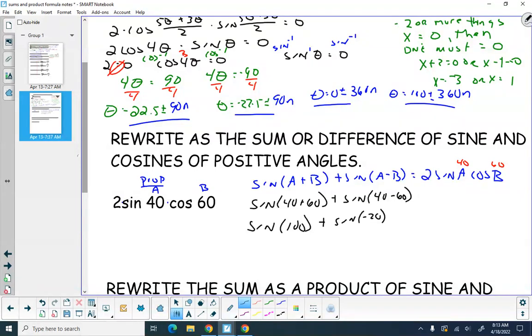But what I ask you there is to write it as sums and differences of angles that are positive. I have sine of 100 that is positive, but I have a sine of negative 20, which is not positive. How can we make that angle positive?